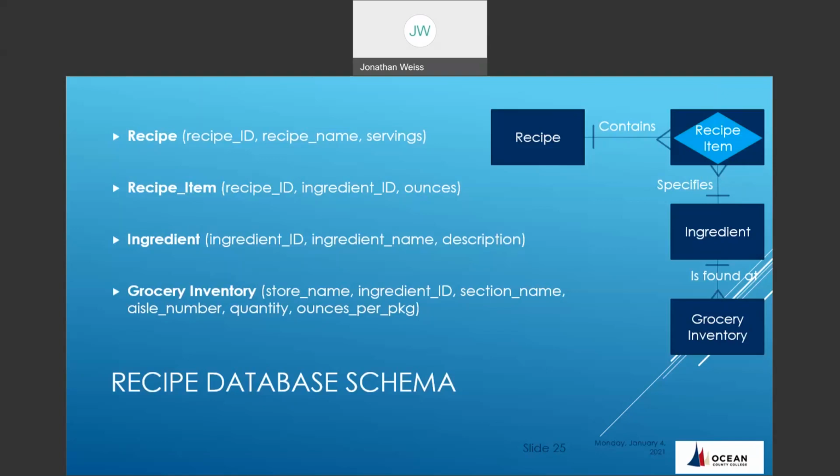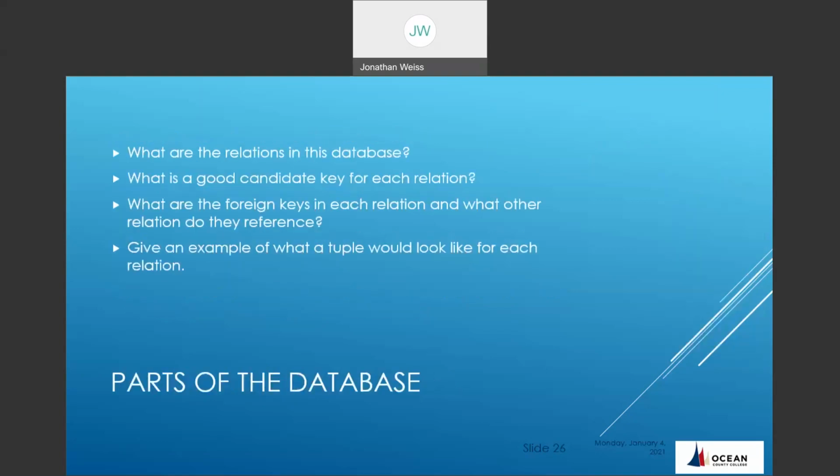And I have a couple of questions I'm going to ask you right away about this database. What are the relations in this database? What is a good candidate key? That's a field or a set of fields that would uniquely identify a record, or a tuple, in each of the relations. What are the foreign keys in each relation, and what other relation do they reference?